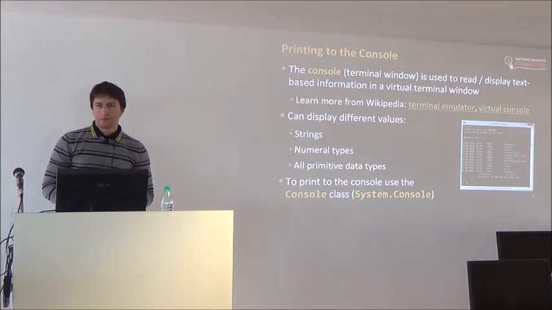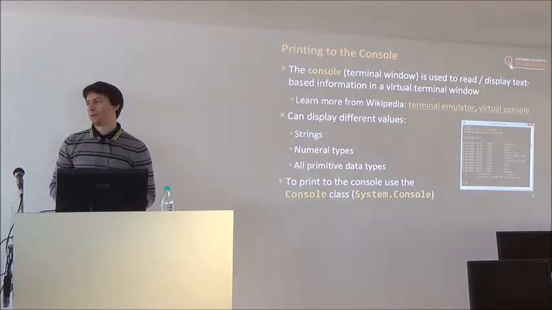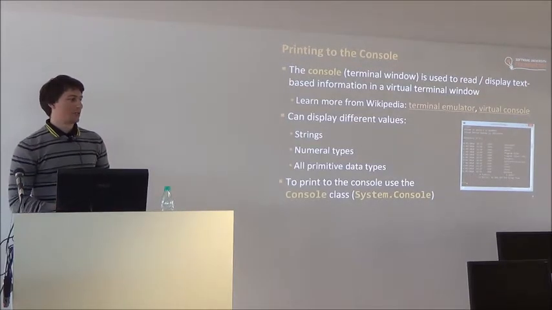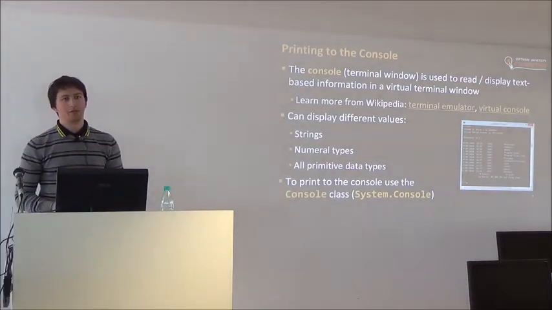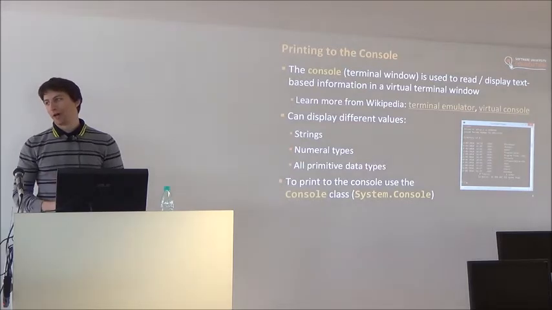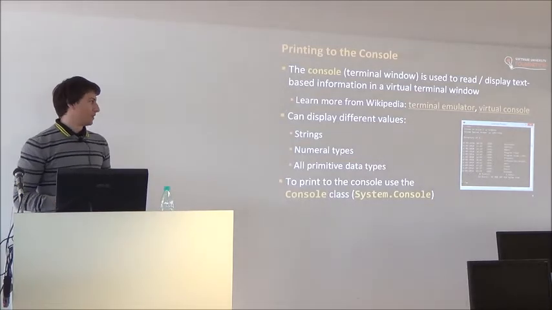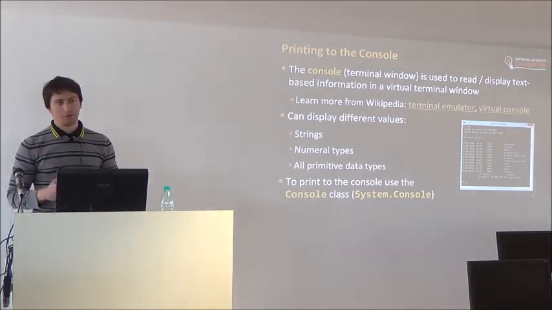All right. So you should have been introduced to the console at the first lecture, the introduction to programming, and you must have been using it so far to deal with all the output that you have to provide for your programs. Basically, there are many different ways to output something in C#, in any programming language. But in this case, we've always used the console.